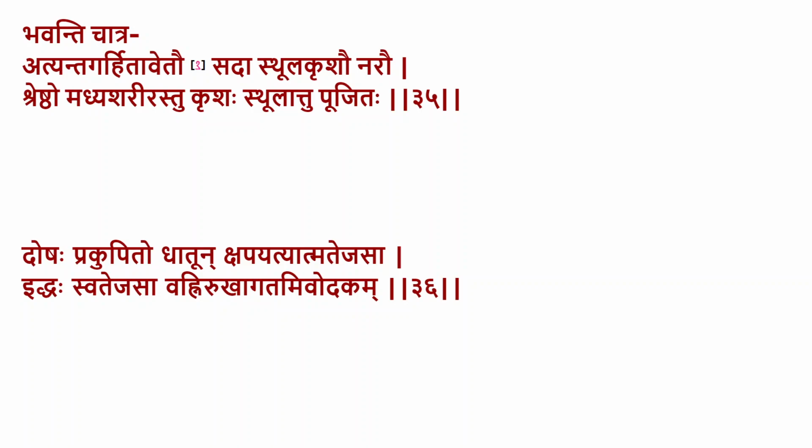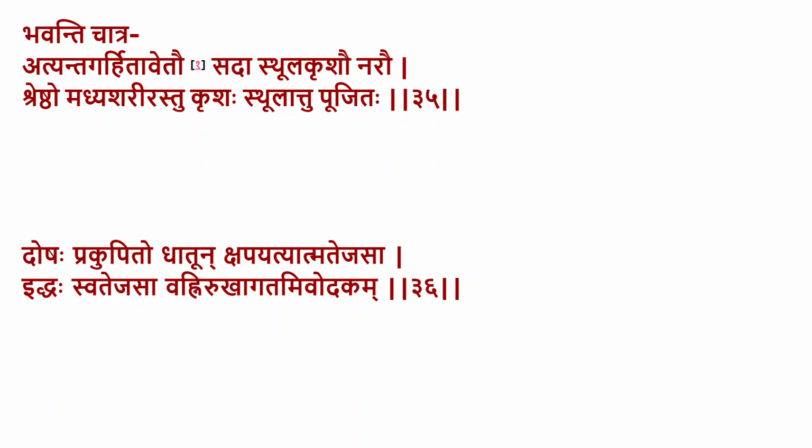Dosha prakupito dhatun kshapayati atmatejasa, iha sutejasa vanhi ukhagatam iva udakam. A vitiated dosha. Now, whatever we have discussed is the vriddha dhatu. The next level is the prakopa, and what is that prakopa? All that we will be discussing when we go into the Brahma Prasnadhyaya later on. Once it becomes prakupita, it gets displaced and can result in the involvement of other dhatus.